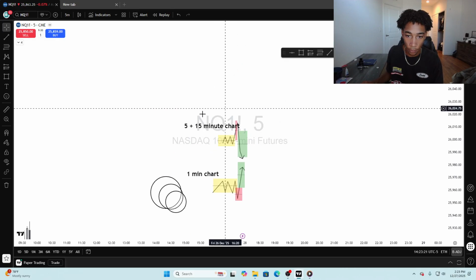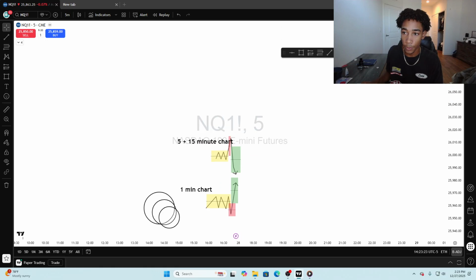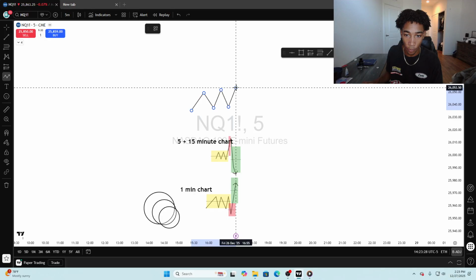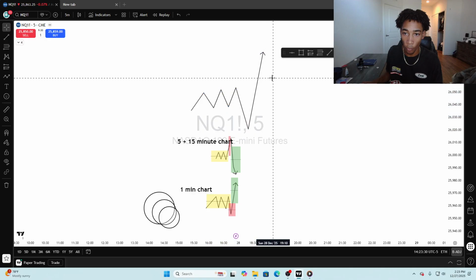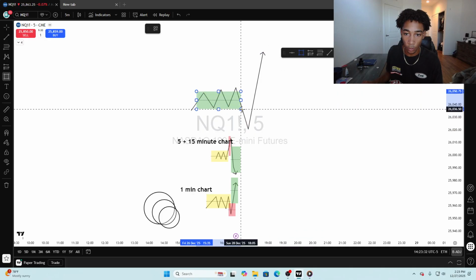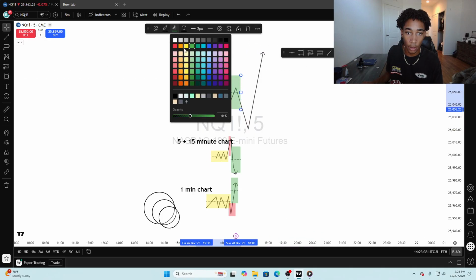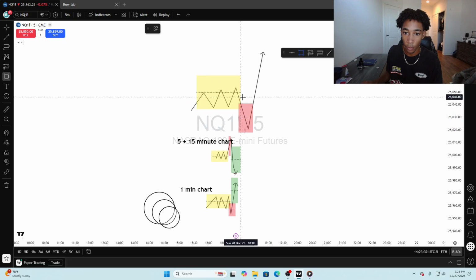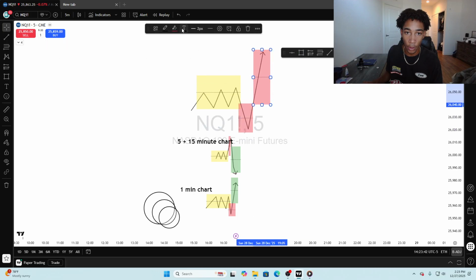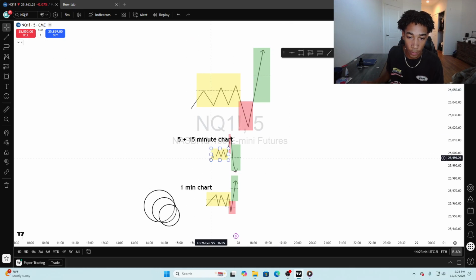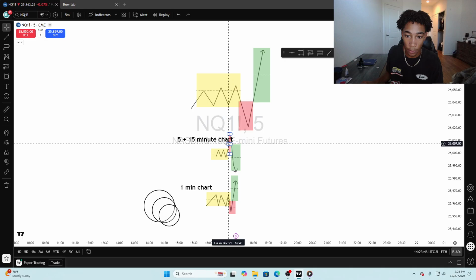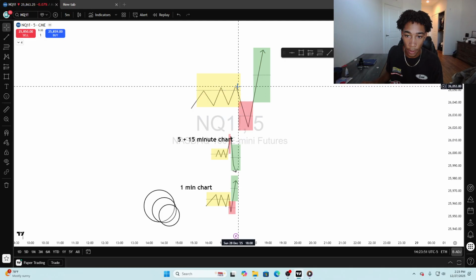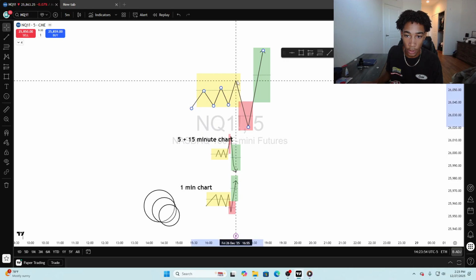And then this 5 plus 15 minute could really just be the same concept. So on the 5 plus 15 minute chart, this manipulation leg, higher, might look something like this.